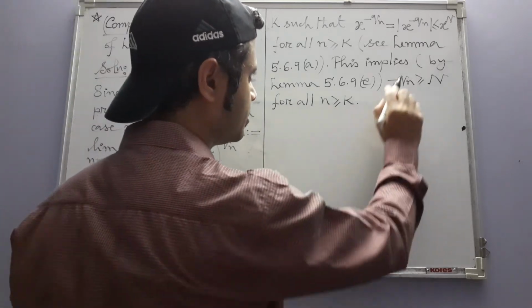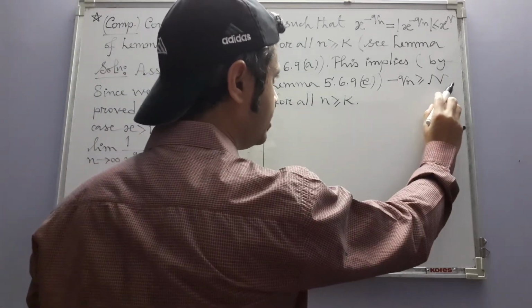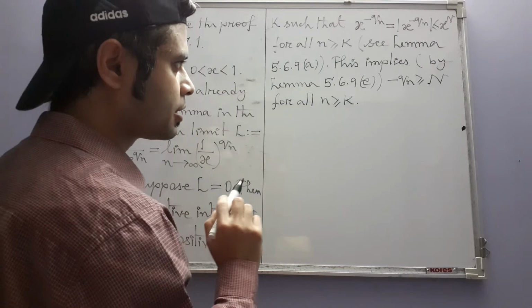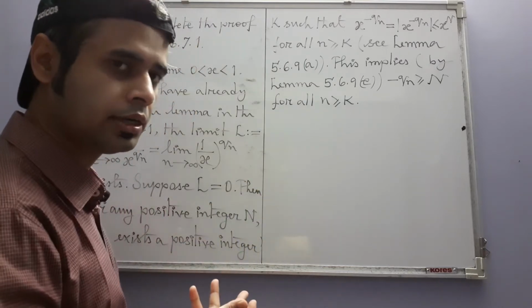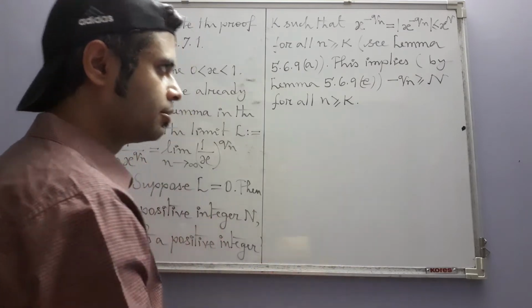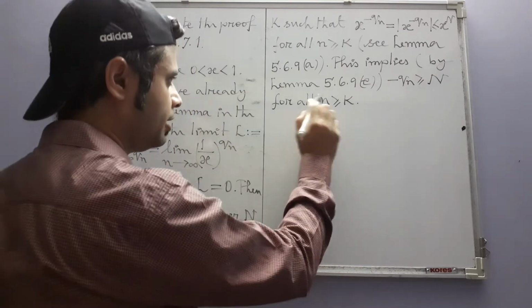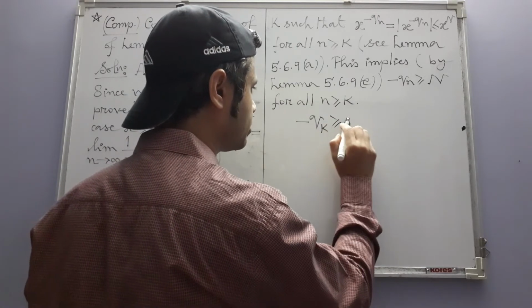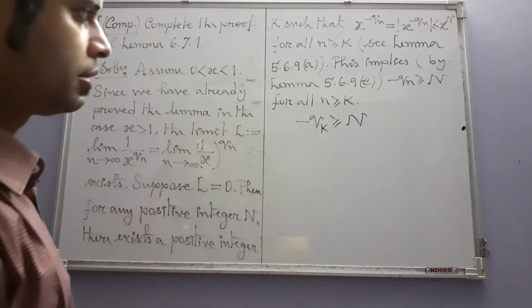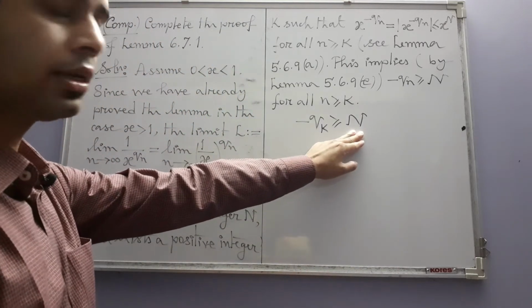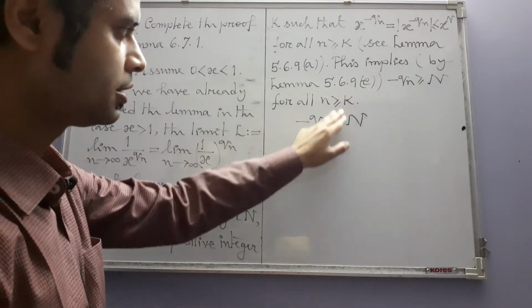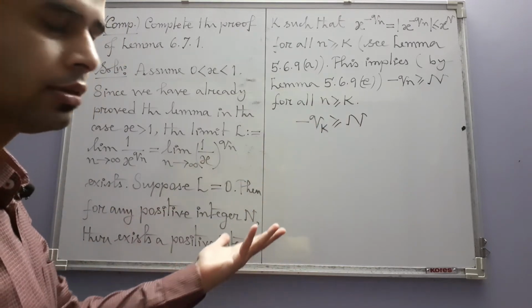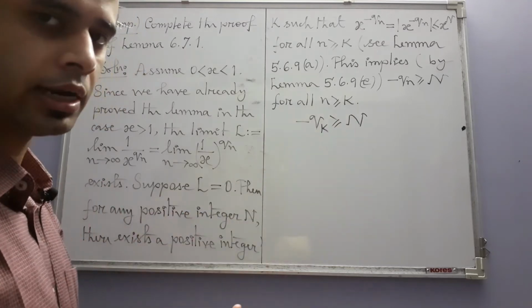It is that for any choice of capital N, there exists at least one minus qn that is greater than or equal to that capital N. In particular, minus q capital K is greater than or equal to capital N. So no matter what n you choose, no matter how large this positive integer n you choose, you will get at least one minus qk that is greater than or equal to that integer.